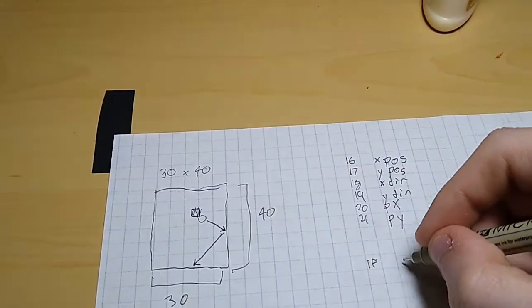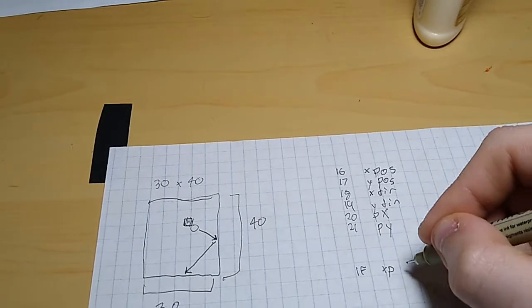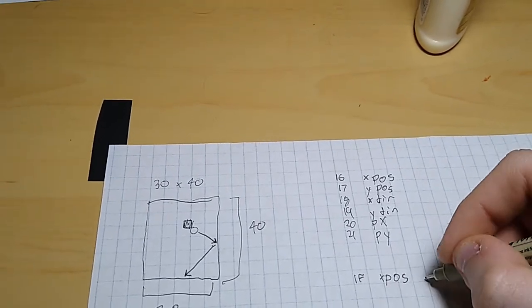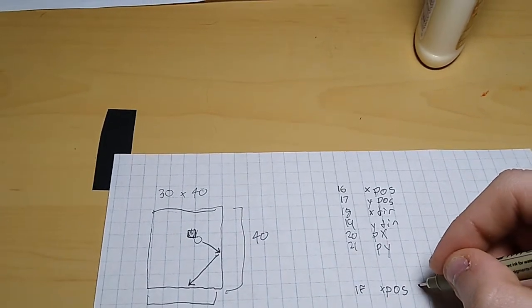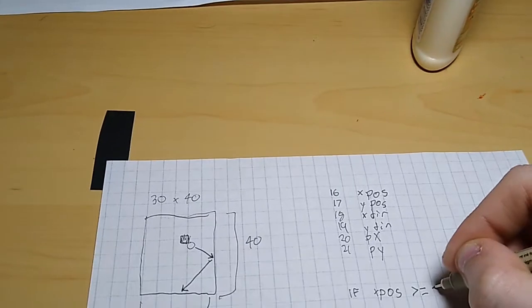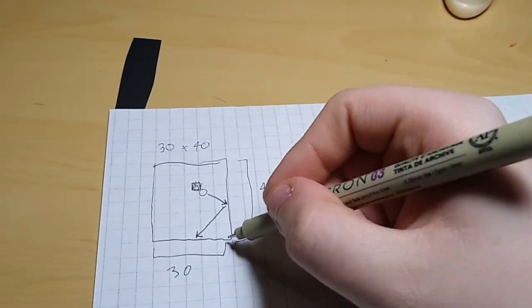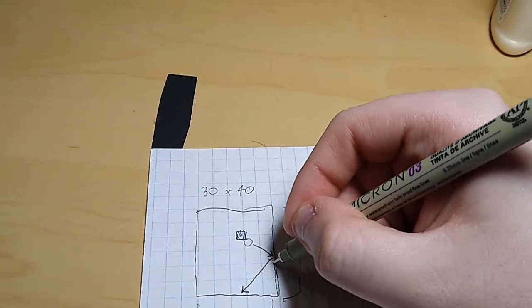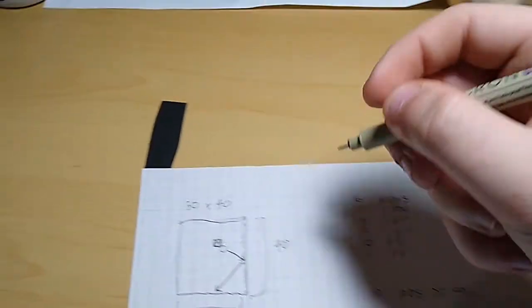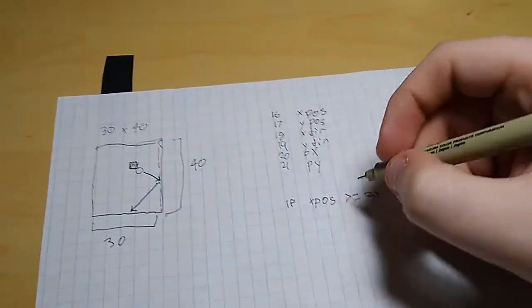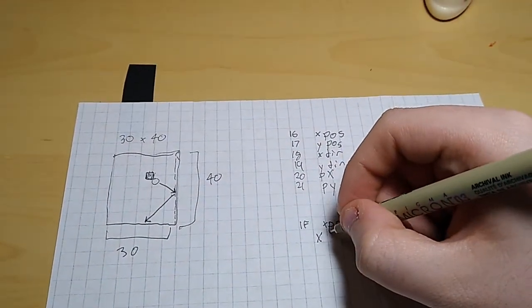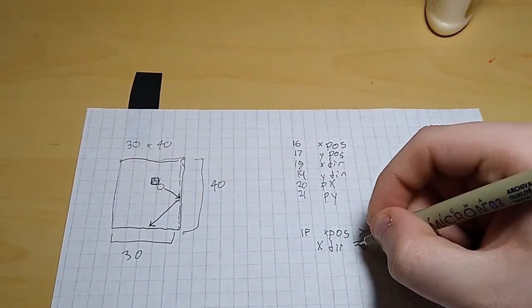So if the x position of the ball is greater or equal to 29, which would mean it's right on this edge right here, then we want to make the x direction negative.